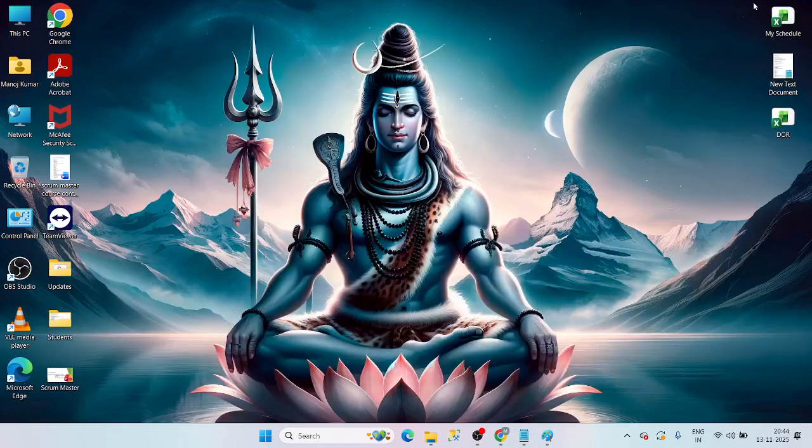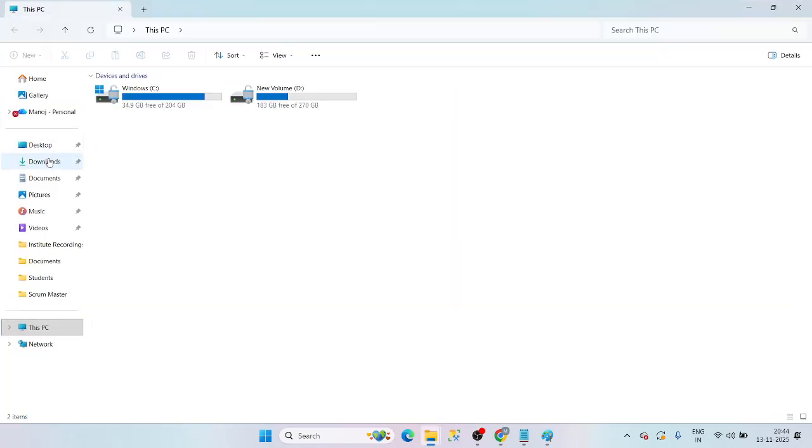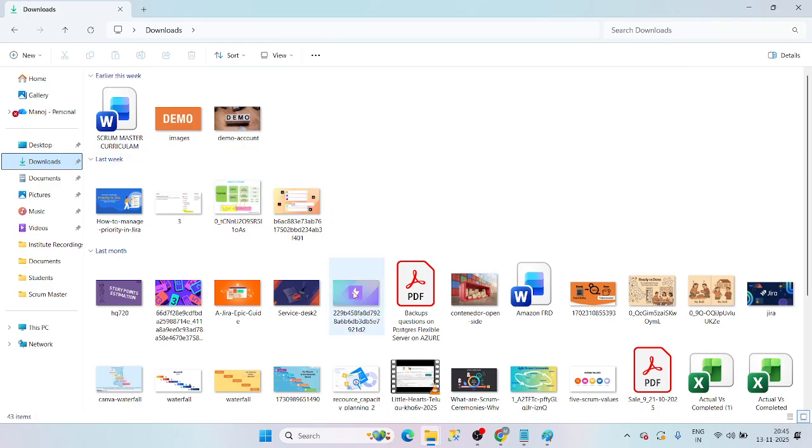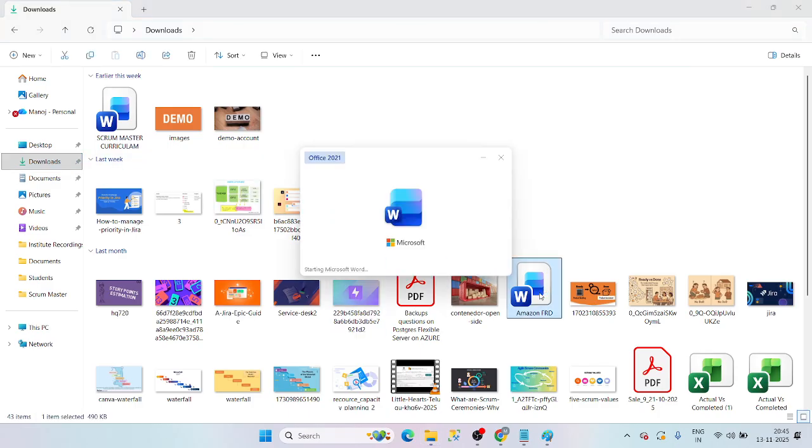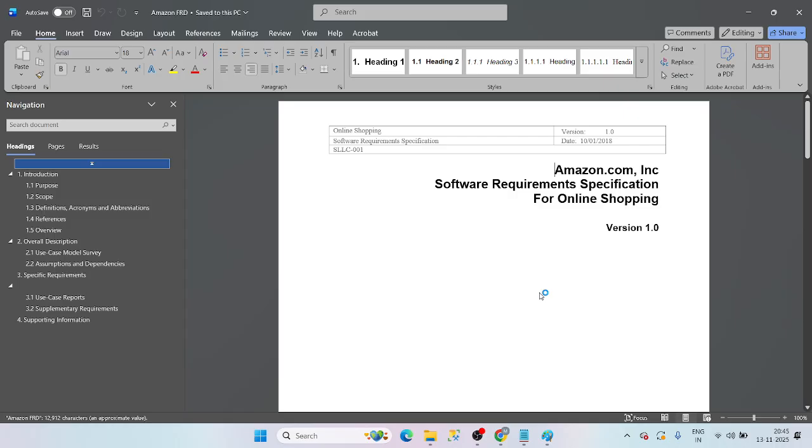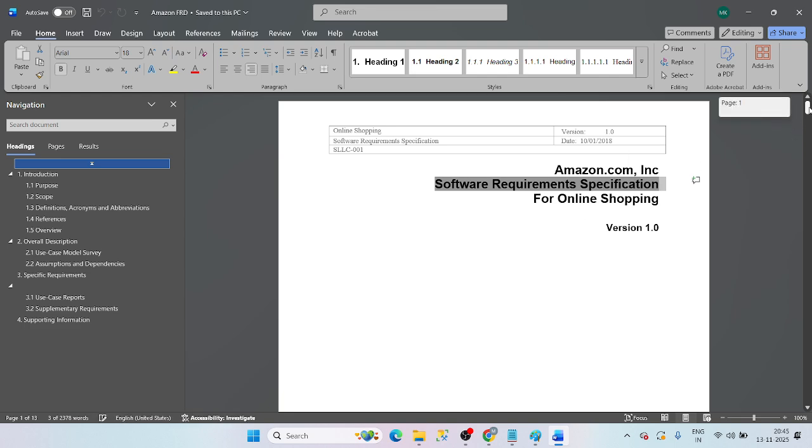Why? Because we have some requirements, guys. What are those requirements, Manoj? That is called the FRD. Previously I said the architect will design some documentation and give it to us to have some understanding, in the waterfall methodology.